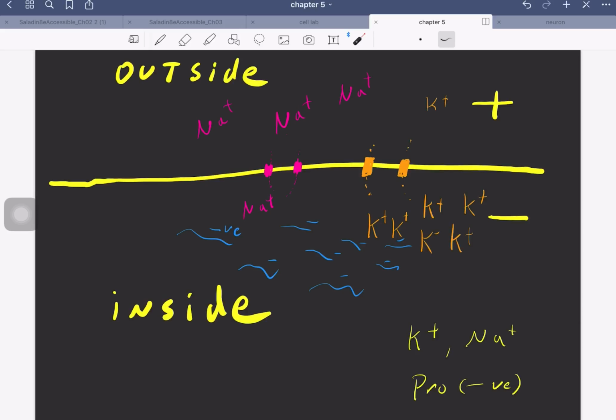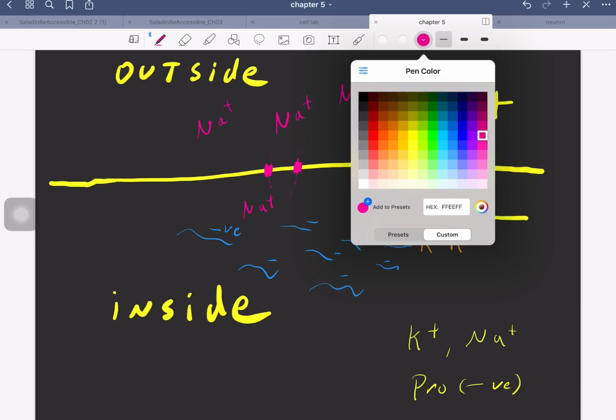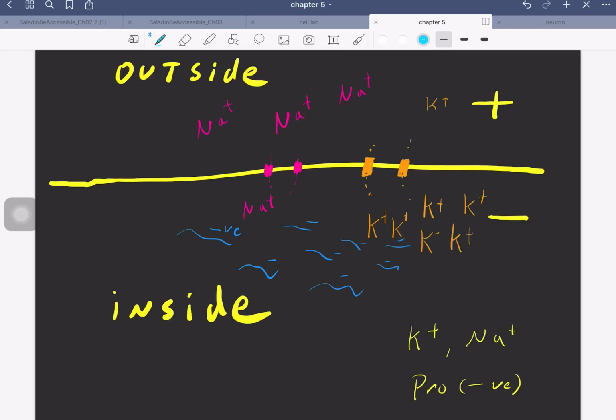Now, there's also the sodium-potassium pump, and we'll put the sodium-potassium pump on here. We've already talked about it. And remember, it's a pump, and it requires the use of ATP.